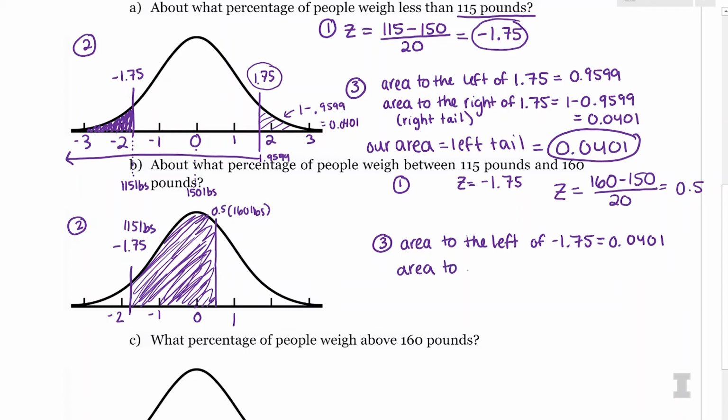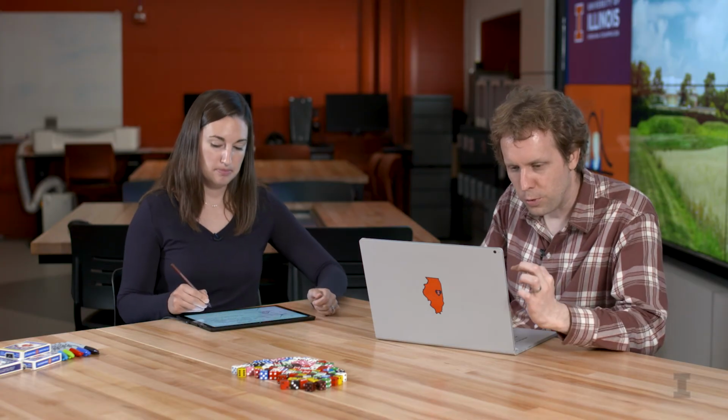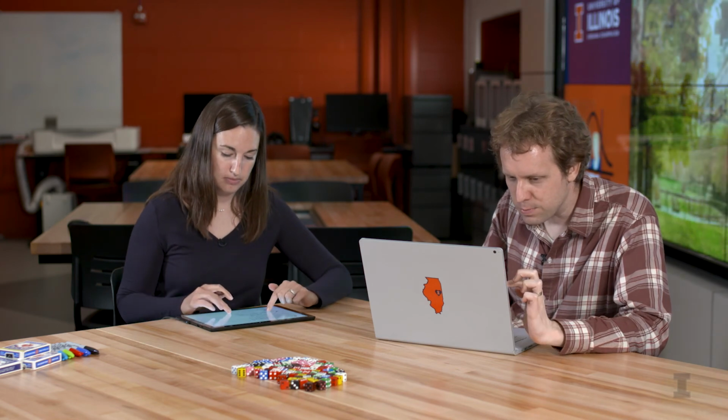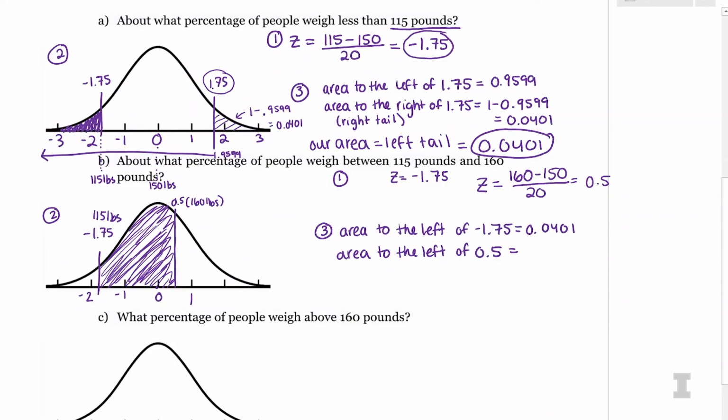So for the area to the left of 0.5, I would just go to my normal table, look up z equals 0.5, and I end up getting 0.6915. So I know that the area to the left of 0.5 is 0.6915.